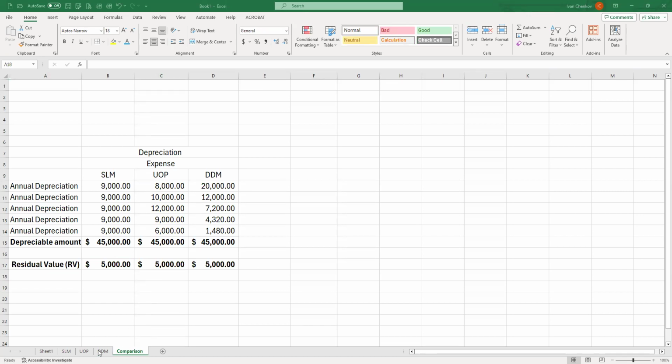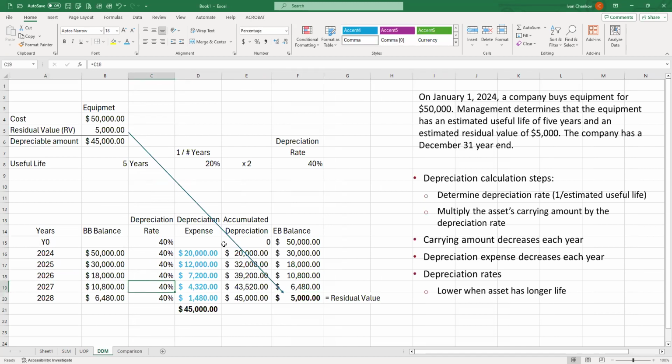Can I explain again how I arrived at the 40%? Yes, I can. First, let's say the useful life of the machine is 5 years. Now we have to come up with the percentage. We're going to use a simple trick: 1 divided by the number of years gives us the percentage.